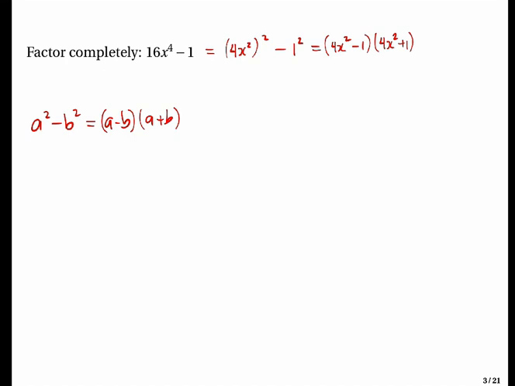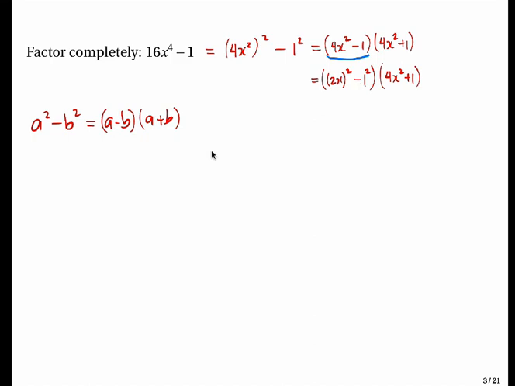Now, observe that this factor here is again of the form a squared minus b squared. This 4x squared minus 1 can be rewritten as quantity 2x, squared, minus 1 squared. For the other factor, let's just write it as is because it is no longer factorable.